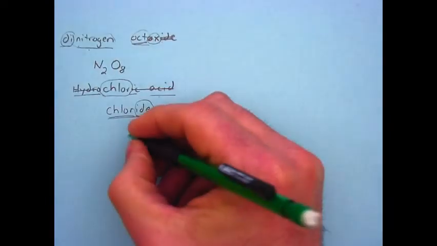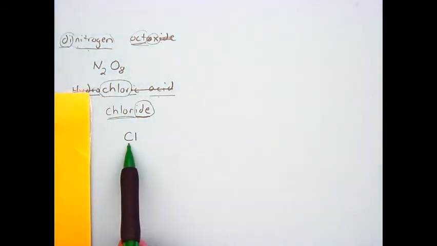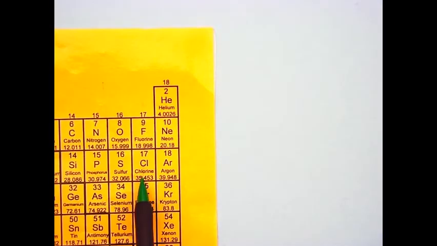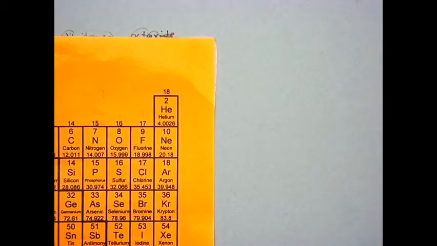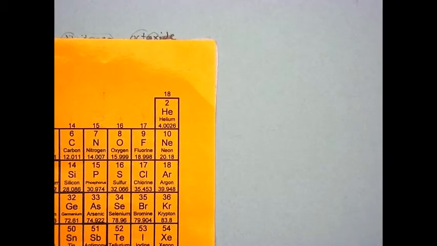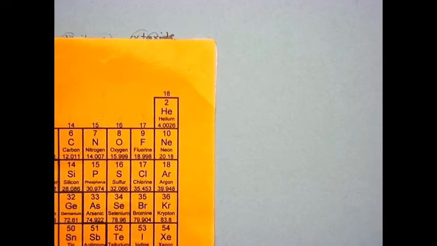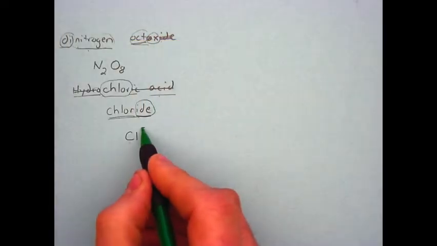So we look at the symbol, and we need to know the charge. Since chlorine is in column 17, everything in column 17 has a -1 charge when it's an ion. Now, when you're writing an acid's formula, remember, an acid is an ionic compound that has hydrogen ions as the cation.